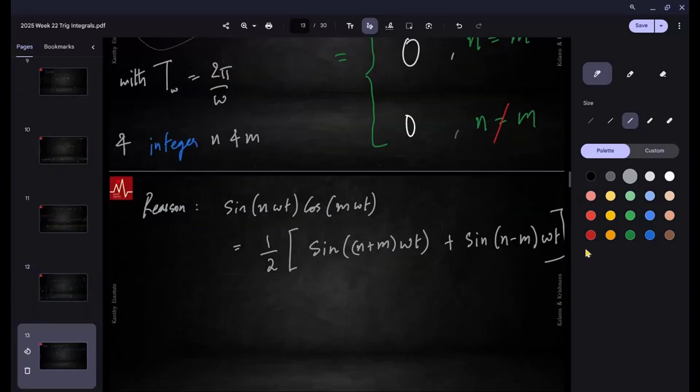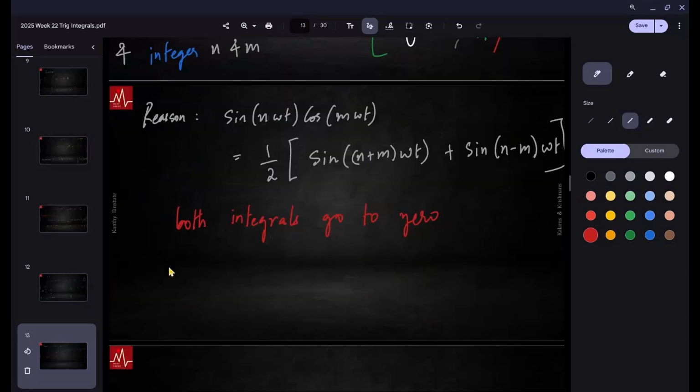Both integrals go to 0, from the perspective of n equals m or not.